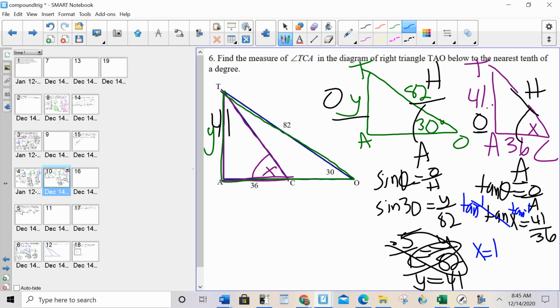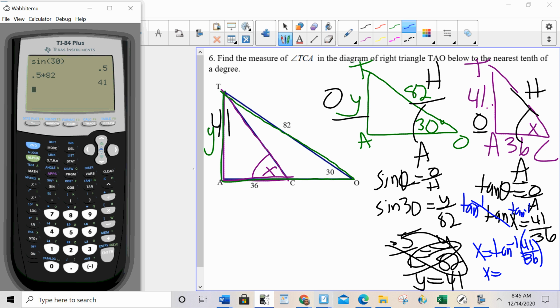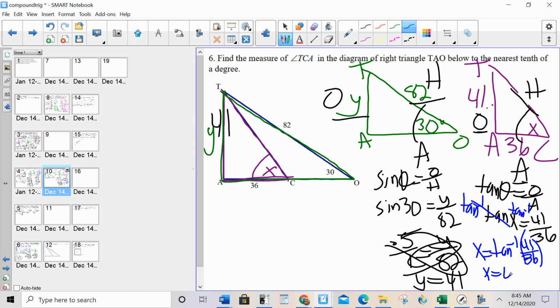X equals inverse tan of 41 over 36. So I hit second tan of 41 over 36. And to the nearest tenth of a degree, I get 48.7 degrees.